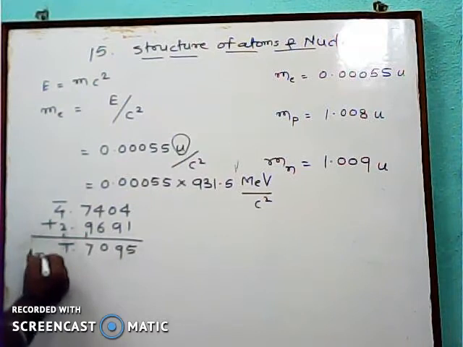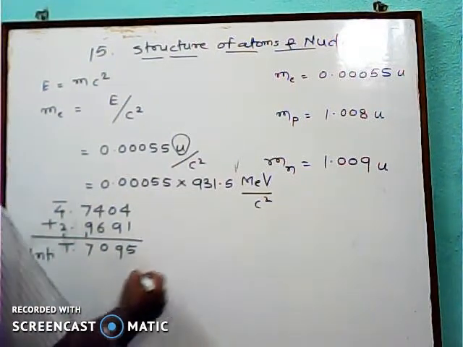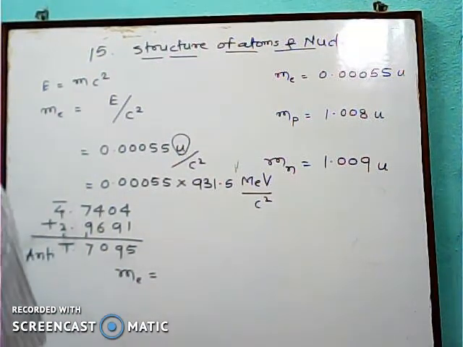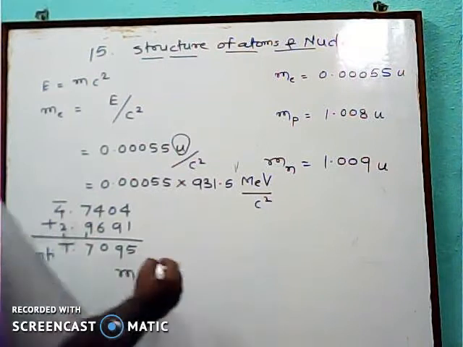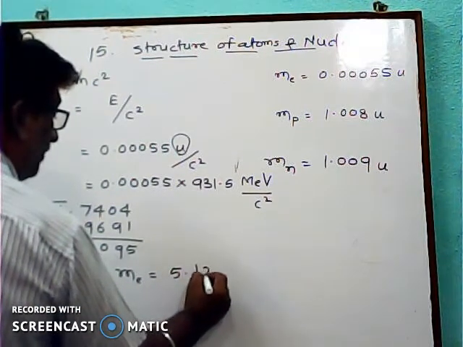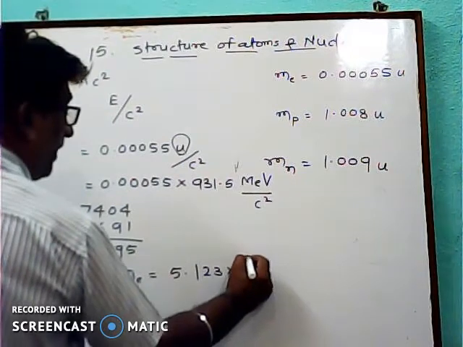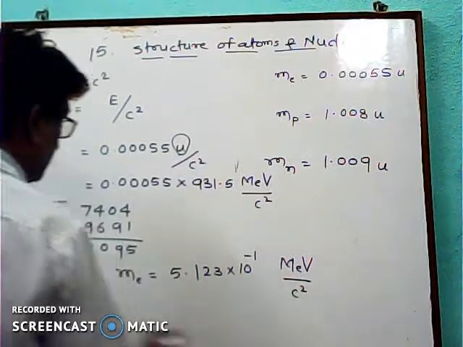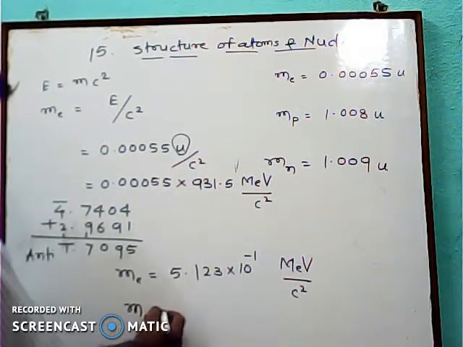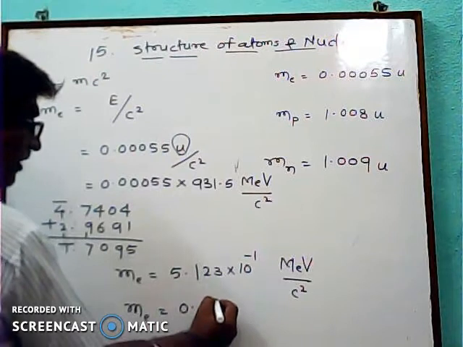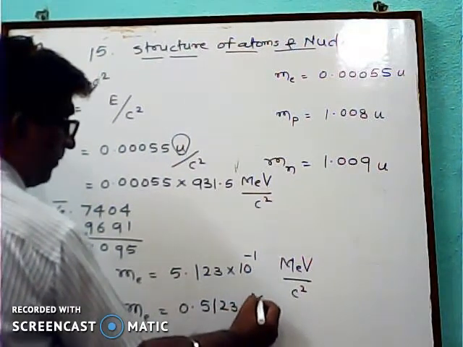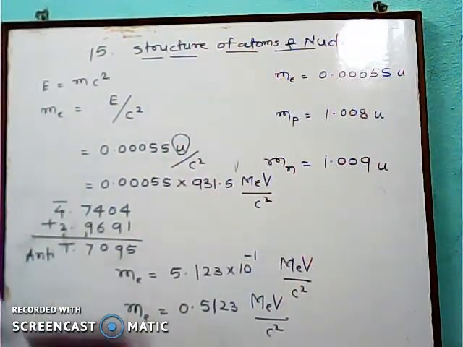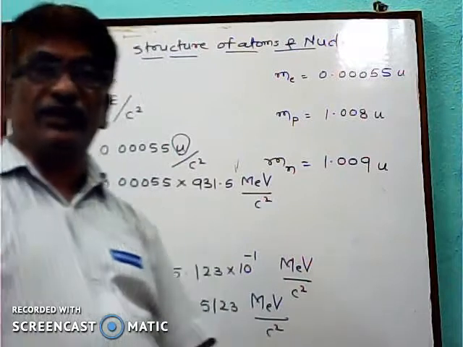If we take its antilog, the mass of electron in the form of energy will be 5.123 into 10 to the power minus 1, that is 0.5123 mega electron volt per c square. So this will be the mass of electron.